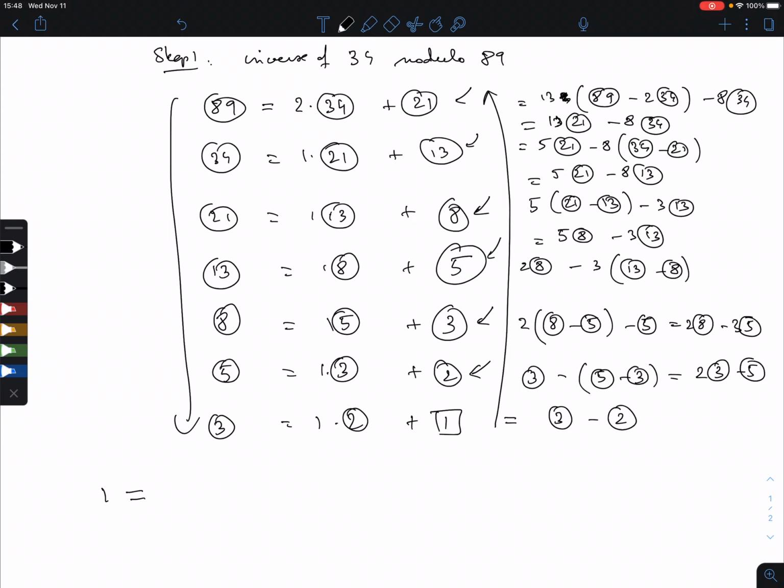Where does this 2 come from? It comes from 13 times 2. Now, checking that all my numbers are correct at this point: 89 times 13 is 1157.